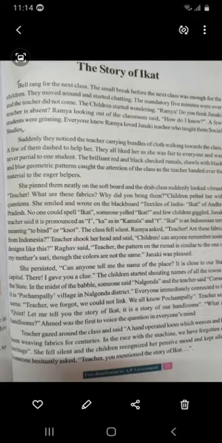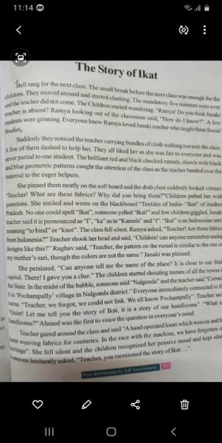The children started wondering, Ramya, do you think Janaki teacher is absent?